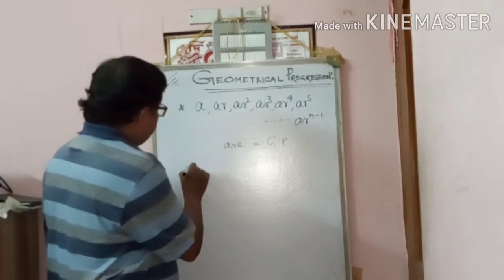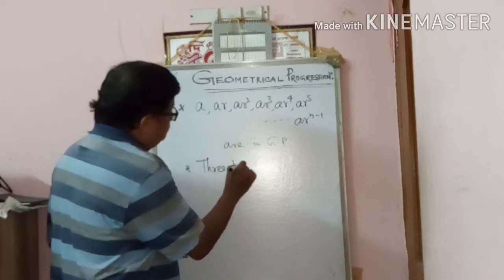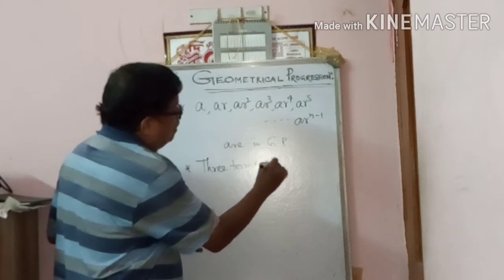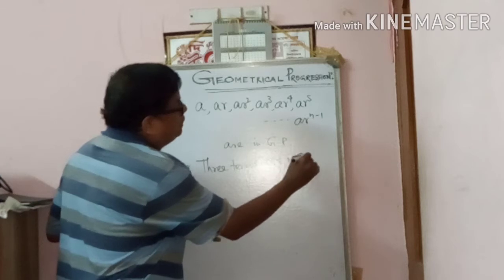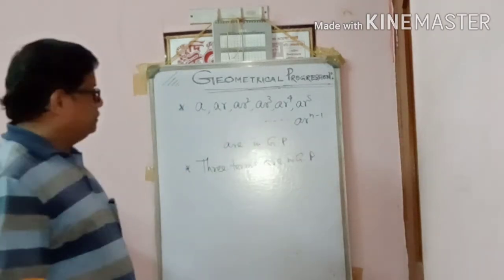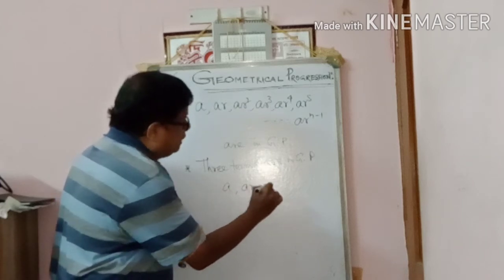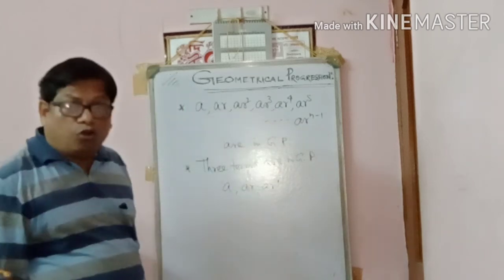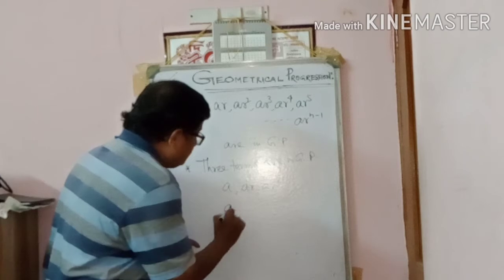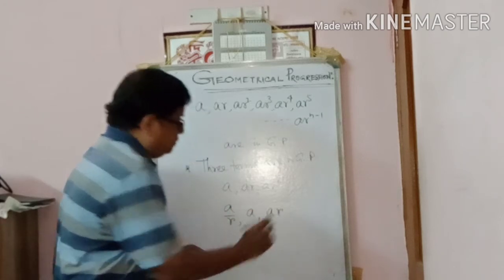Yes. Suppose 3 terms are in GP. So we can write the terms as A, AR, AR square, or A by R, A, AR.